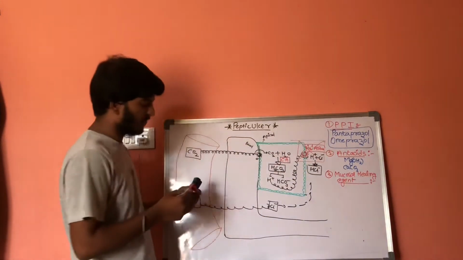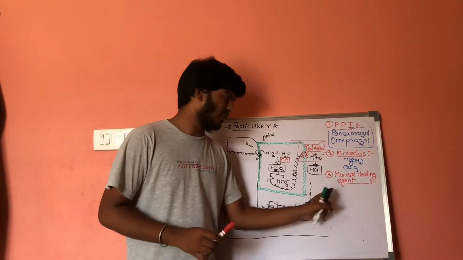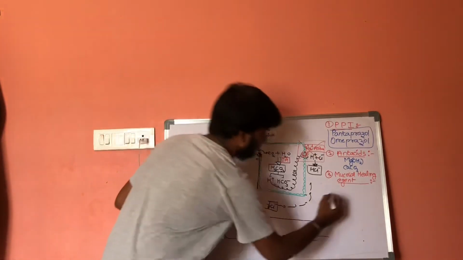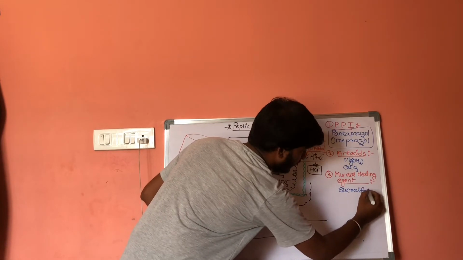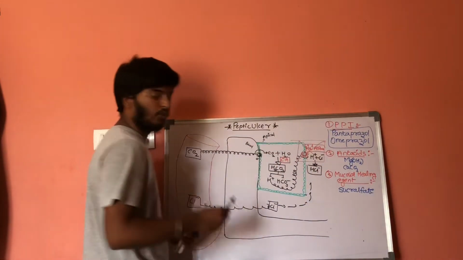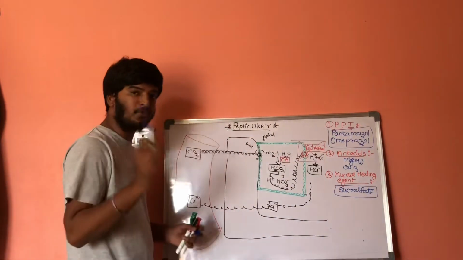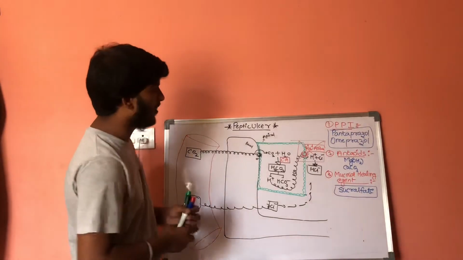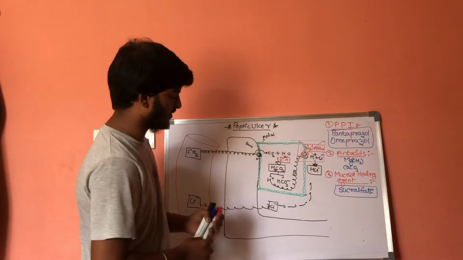The drug which comes under mucosal healing agents is sucralfate. Sucralfate is a special drug which works on the mucosal layer of the stomach and helps in healing the stomach damaged because of peptic ulcers.